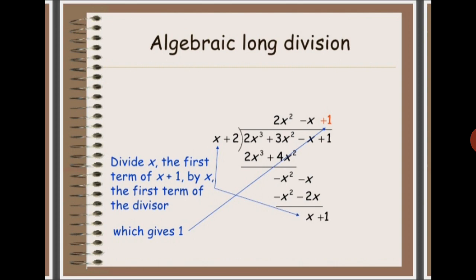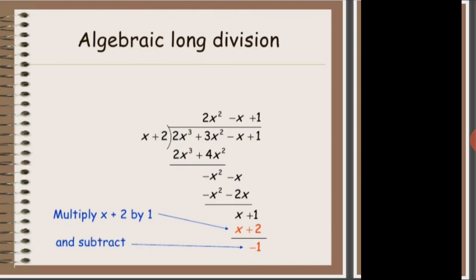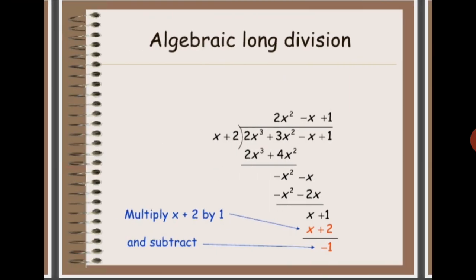Again, that plus 1 is to be multiplied by both the terms of the divisor. So children, we are going to get x plus 2 as the multiplication answer. The next step again is subtraction, and when you subtract x from x, you get a 0. Plus 2 over there becomes minus 2. So plus 1 minus 2 gives you minus 1.